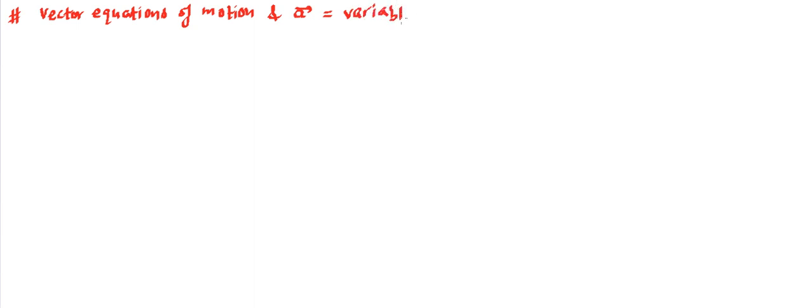So we are going to write vector equations of motion, and this acceleration is not constant, so acceleration is variable. So if it is variable, we need to write the equation in terms of differentiation and integration, that's all.